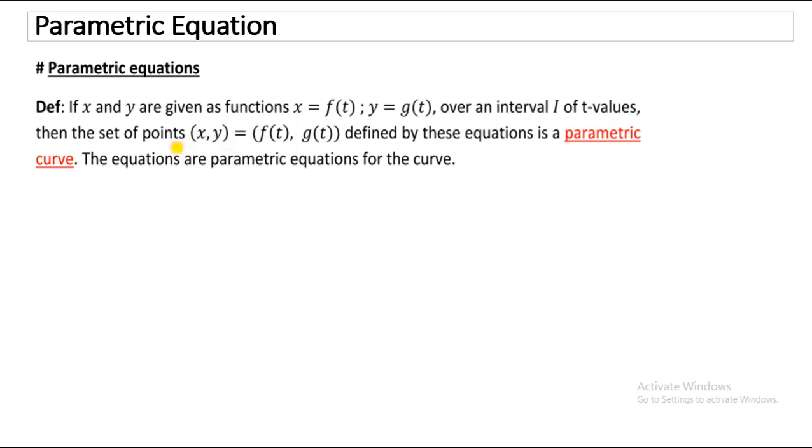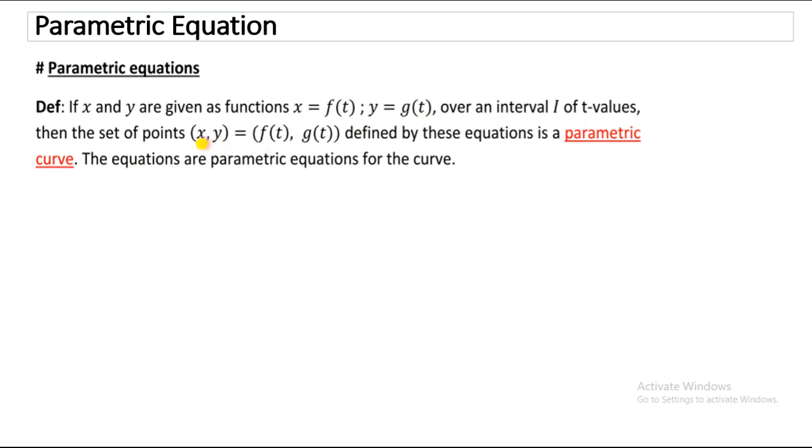This point (x, y) is called a parametric curve, and the equations x equals f of t, y equals g of t are called parametric equations.